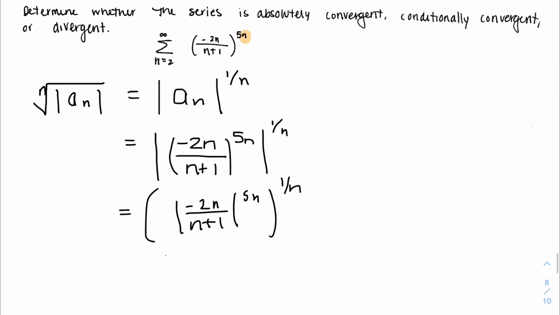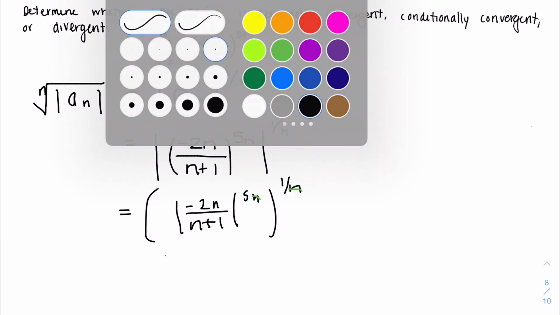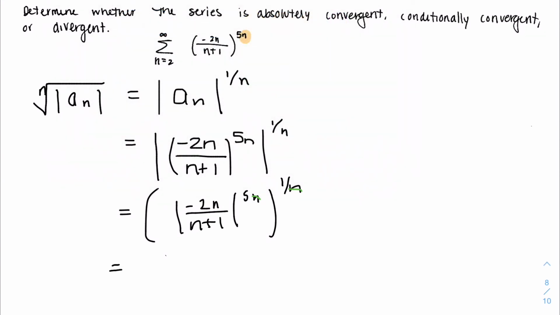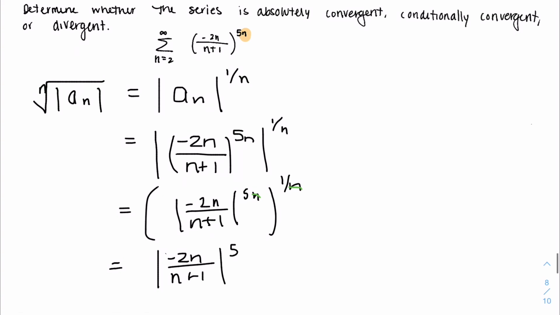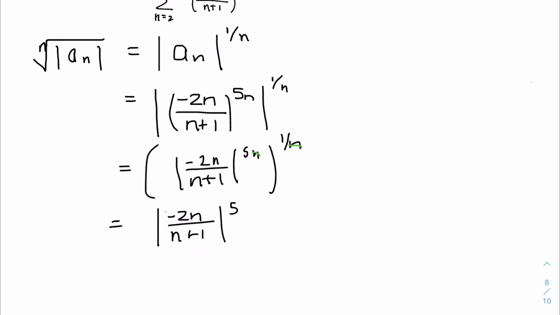Okay. So when you go ahead and multiply these out, you have 5n over n. Those end up just canceling. So this becomes the absolute value of negative 2n over n plus 1 to the 5th. Okay. And then all the absolute value does is get rid of that minus sign. So this is 2n over n plus 1 to the 5th.